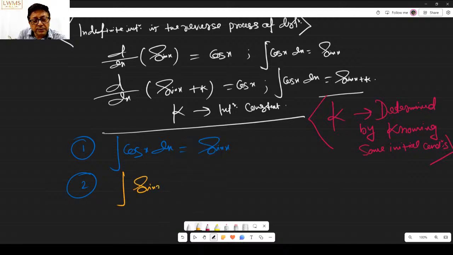Integration of sin x dx will be minus cos x. We will put a constant, integration constant k over there. Plus k you need to write.